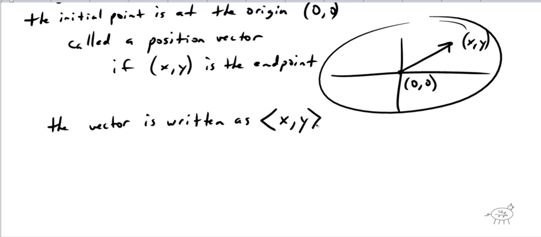So just like a coordinate, except it's not really a coordinate, it's now a vector. Because if I just said x comma y, that would be a point. But if you see x comma y in vector brackets, that is actually a vector. It starts at 0, 0 and goes to the xy coordinate.